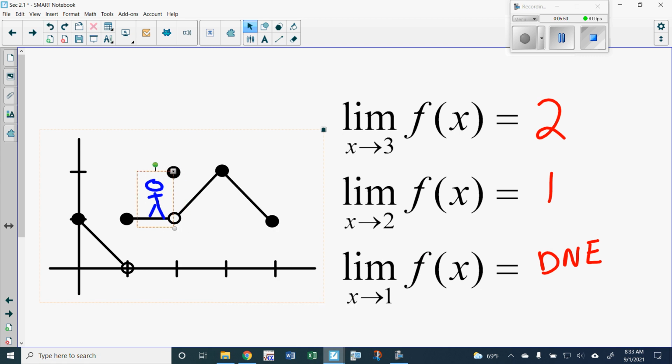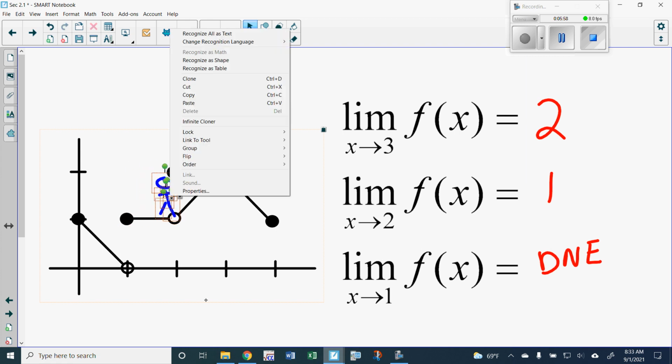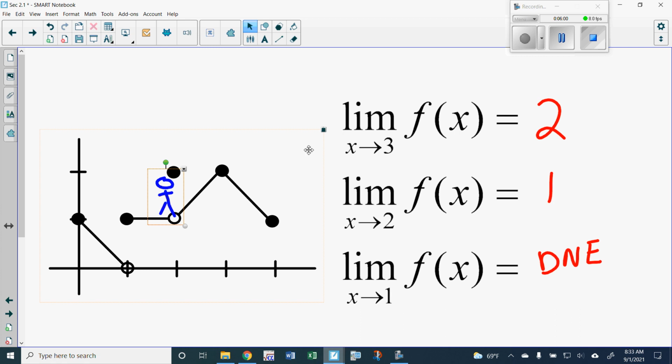So as this guy walks this way, what is he getting close to? One. He's getting close to 1. But over here as he's walking, what's happening? He's getting close to 0. So from over here, he's getting close to 0.